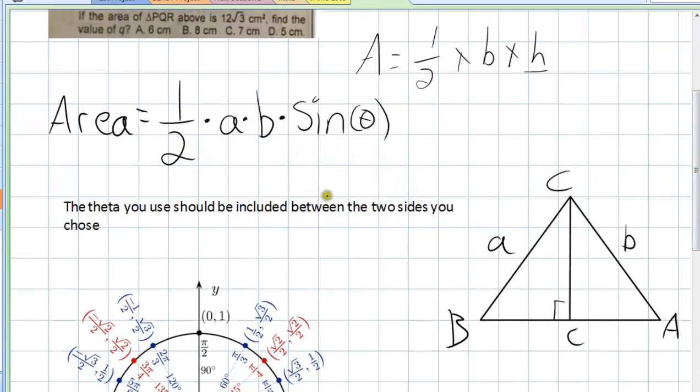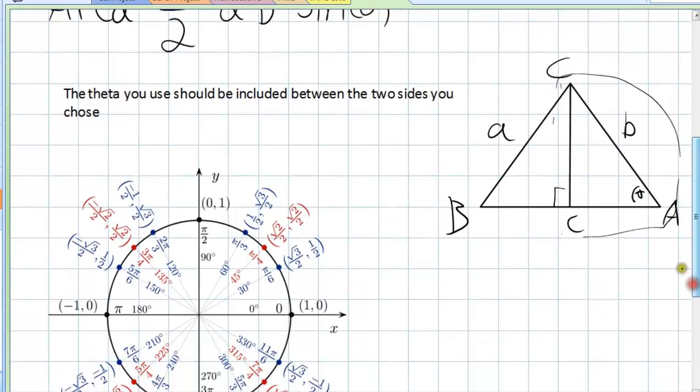Let me show you what I mean by that. Let's say I chose one of these to be my theta, I'll choose this one. What is the sine of this theta in terms of just this triangle? Remember from SOHCAHTOA that sine is opposite over the hypotenuse. The opposite of this angle is this, which we can tell is the height.